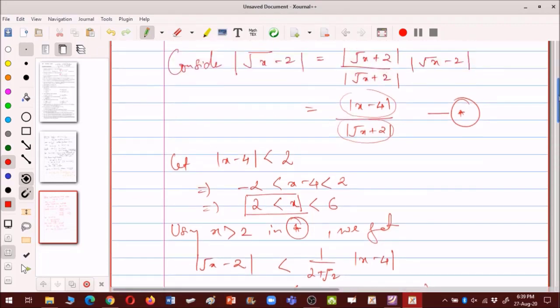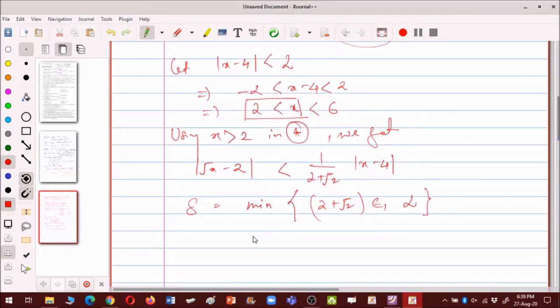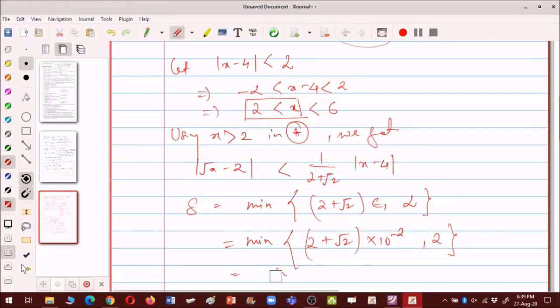Epsilon here was equal to 10 raised to the power minus 2, so this is the minimum of (2 plus root 2) into 10 raised to the power minus 2 and 2. This is 3.41 upon 100, so the minimum is obviously this. So the minimum in this case is (2 plus root 2) into 10 raised to the power minus 2. This is the delta we want.